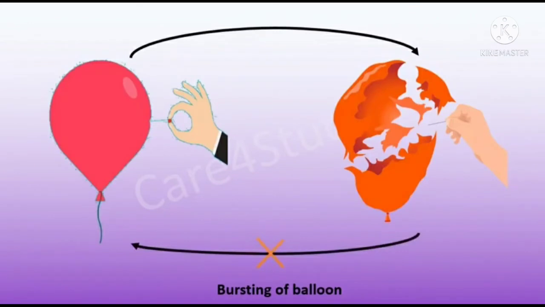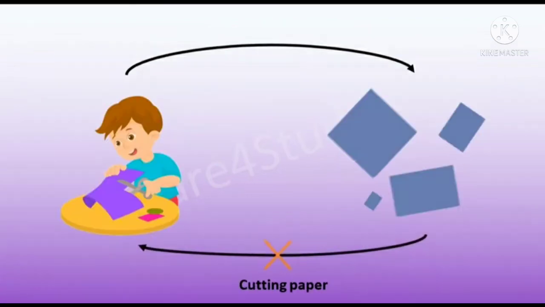Now let us repeat the same activities with a difference. Take the balloon and blow it to its full size and tie its mouth with a string tightly. Prick it with the pointed tip of your pencil. What happens? It bursts. Was it possible to get the balloon back to its original shape and size?